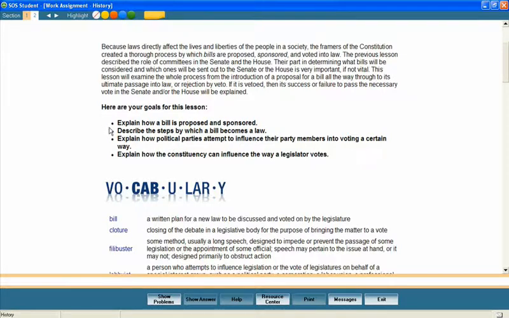The goals for this lesson are: explain how a bill is proposed and sponsored, describe the steps by which a bill becomes a law, explain how political parties attempt to influence their party members into voting a certain way, and explain how the constituency can influence the way a legislator votes.